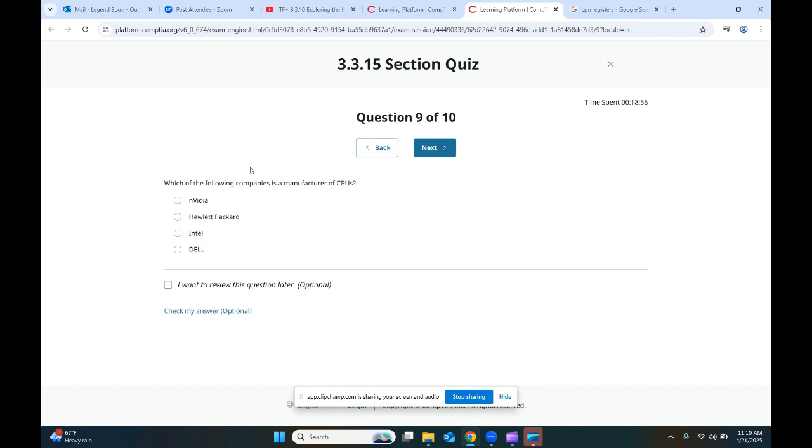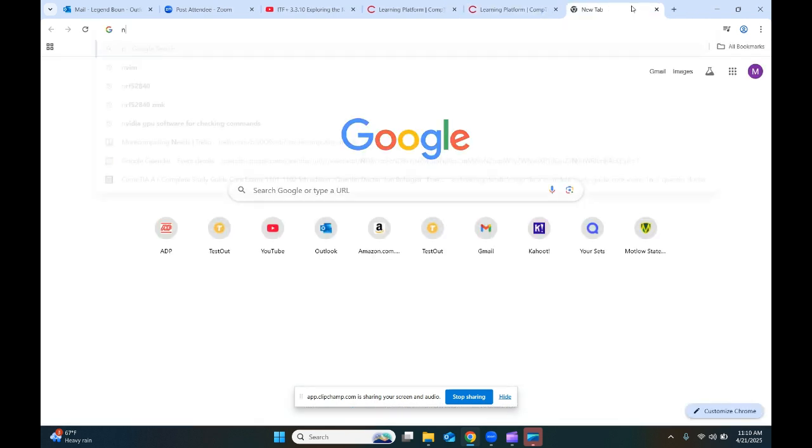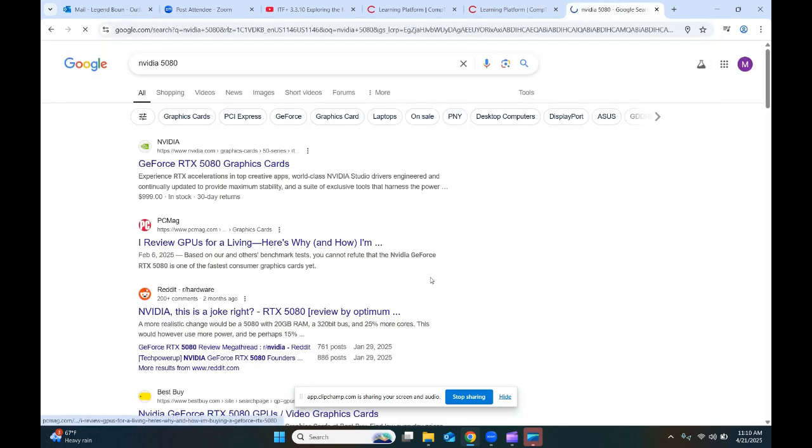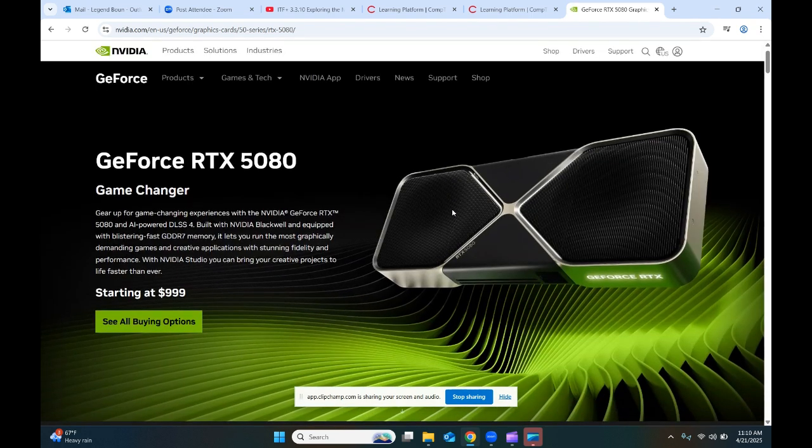The current generation is 50, a 5060, a 5080, a 5090. Google it, here, I'll show you. NVIDIA 5080. Right here, $1,000. Goodness. Current generation.